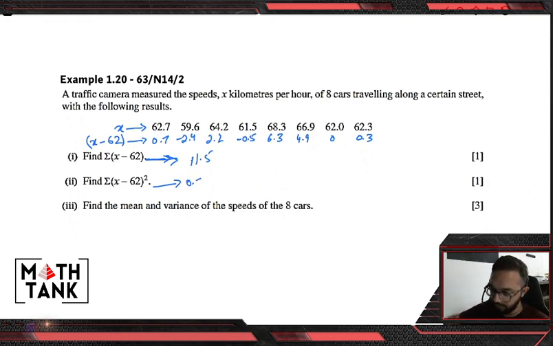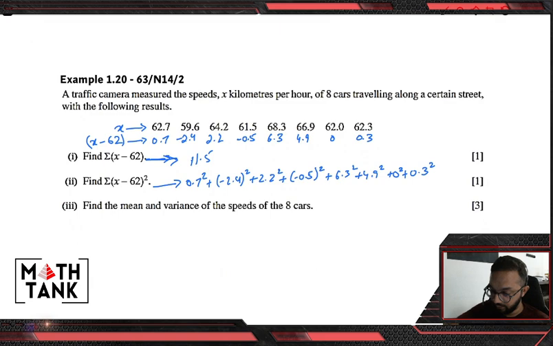So 0.7 squared, all of these squared, and add together.